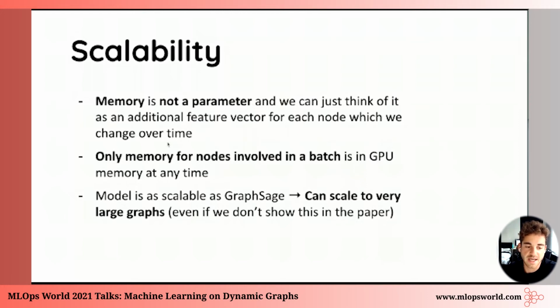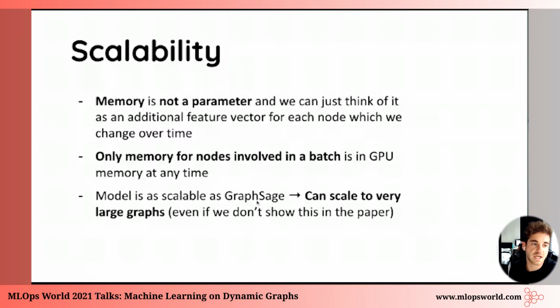This means that when we're training or evaluating, we only need in the GPU memory the memory for the nodes that are involved in a given batch, which means that this is very efficient and very scalable, as scalable as a famous model for static graph neural networks called GraphSage, which has been shown to scale to very, very large graphs.